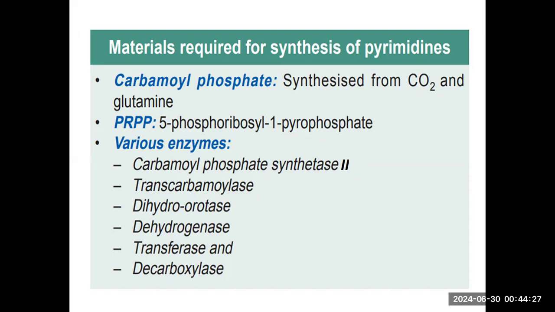Then the different types of enzymes involved in the pyrimidine biosynthesis are carbamoyl phosphate synthetase 2 that we have discussed in the last slide, then another enzyme, transcarbamylase, dihydroorotase, dehydrogenase, transferase, and decarboxylase. These enzymes are involved in the de novo biosynthesis of pyrimidines.